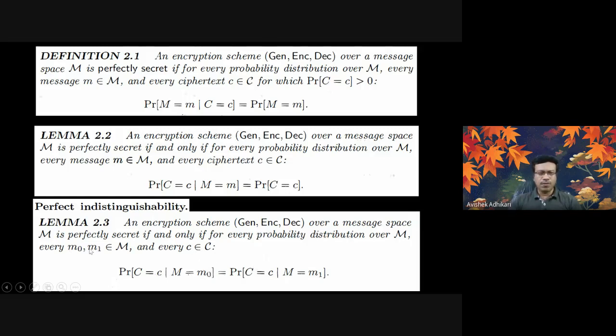Note that for every pair of messages M0 and M1 the property is satisfied. That means you cannot distinguish between M0 and M1.